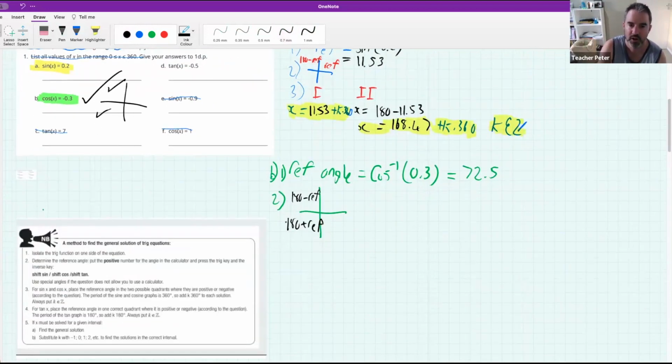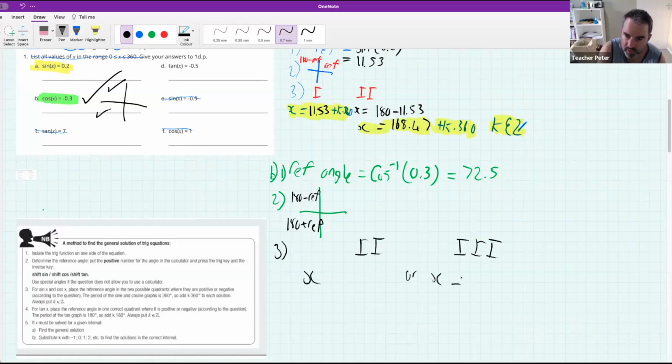So for step 3, I'm going to do 2 Roman numerals. And I want to know x is going to be equal to something, or x is going to be equal to something else. I want to know what are those somethings that I am looking for.